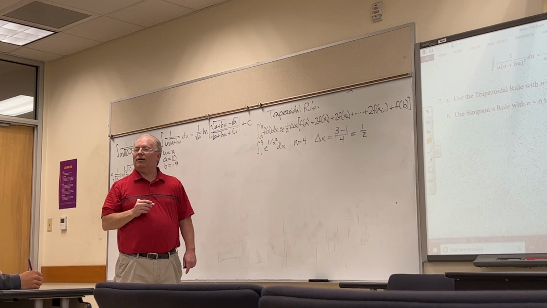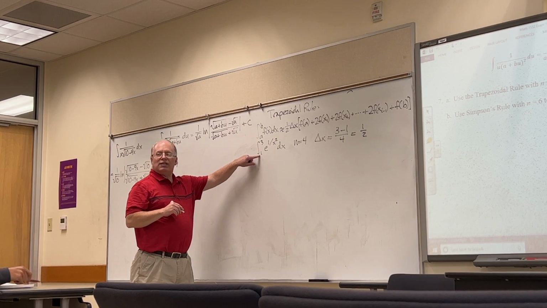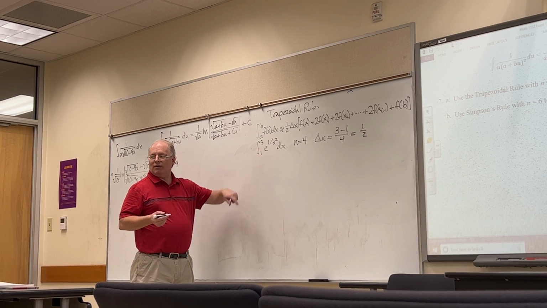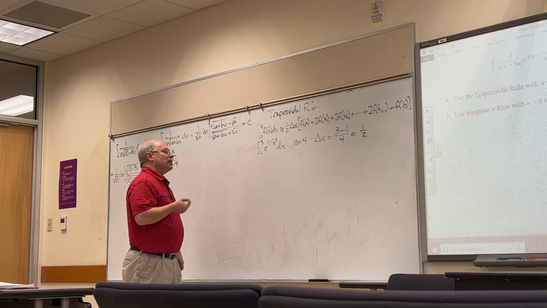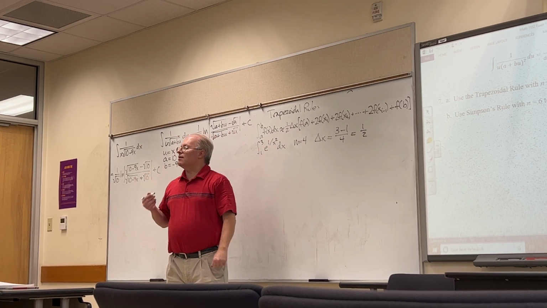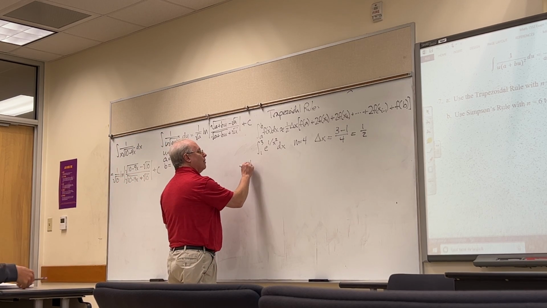We subtract the limits of integration and divide by the value of n, and that gives us delta x. Now once we've got delta x, how do we get the numbers to plug into the formula?